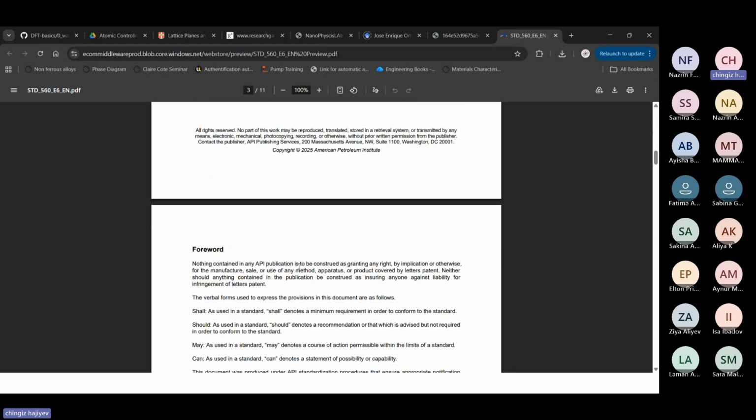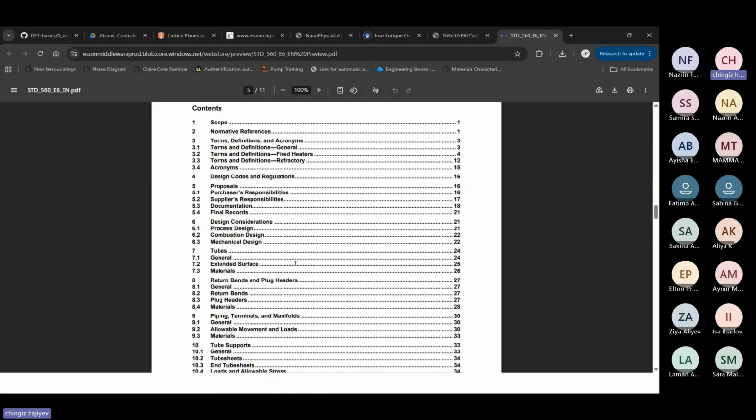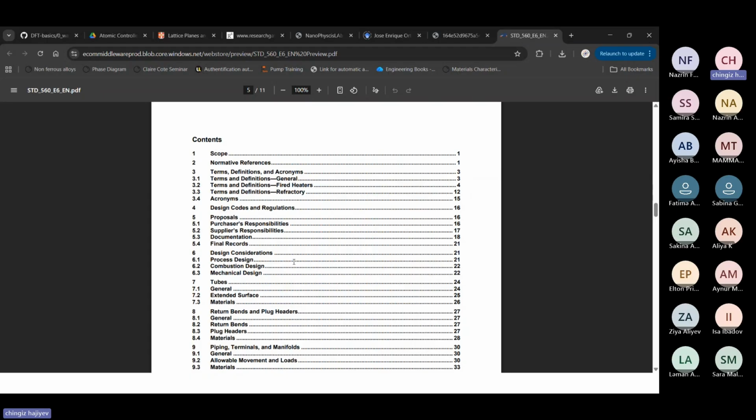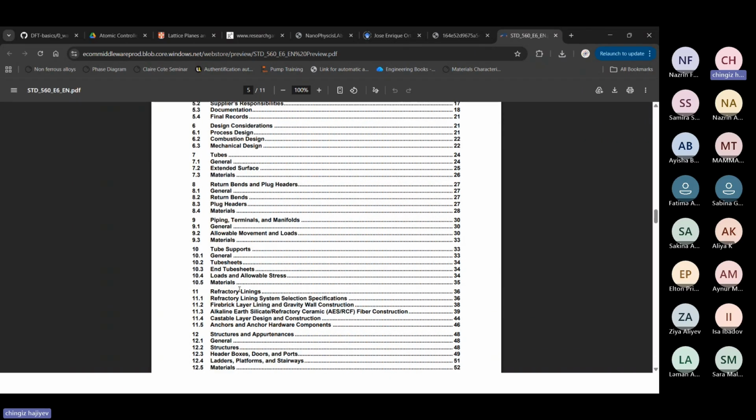Every standard starts with forewords and contents, of course. We will not be able to see the actual content, but I want to show you the table of contents in general. As you can see here, it includes the design considerations, how we need to size tubes, and what we need to consider. It covers everything you can ever imagine about fired heaters.